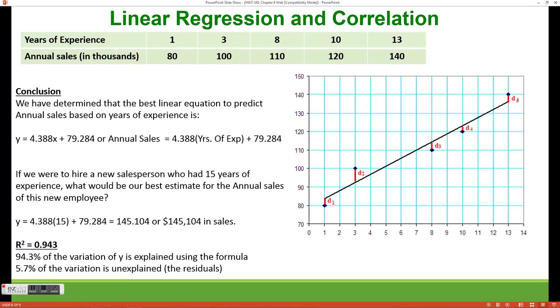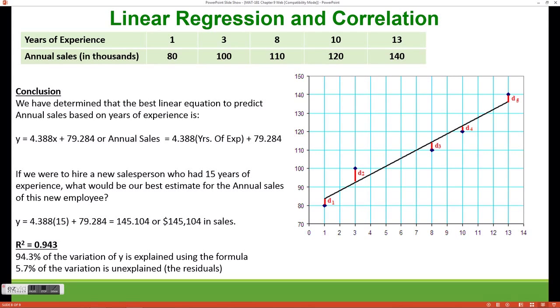Since we now have a regression line, we have an estimate of what we think y should be based on a specific value for x. But we are assuming that the change in y, annual sales, is solely dependent on the change in x, which is employees' experience. In reality, that is probably not the case.